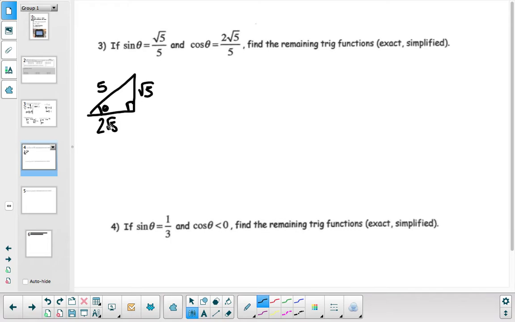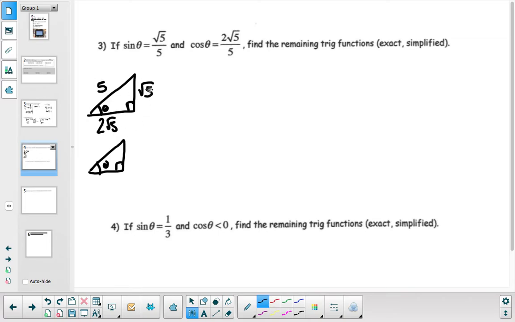You could find all of the values from here, but you're going to find that you need to rationalize the denominator in some of these, primarily cosecant, basically all the ones that we haven't been given. So you might want to consider a different right triangle. This right triangle is similar to the first one, but I'm going to divide everything by root 5.